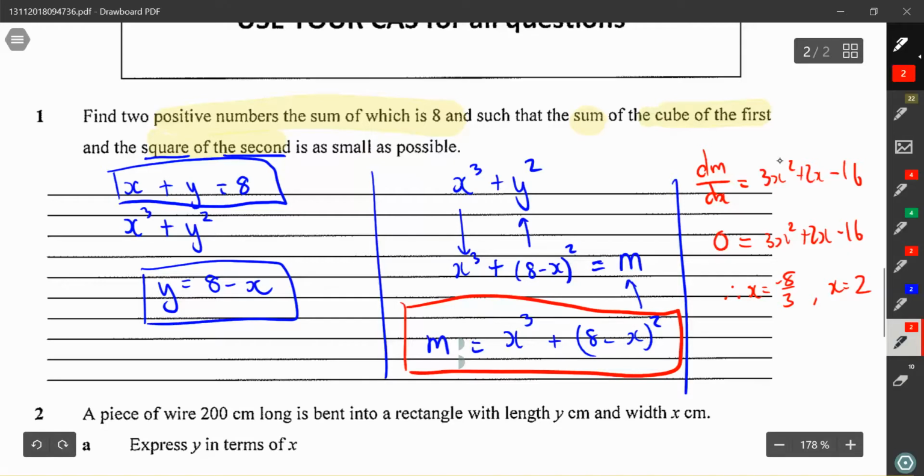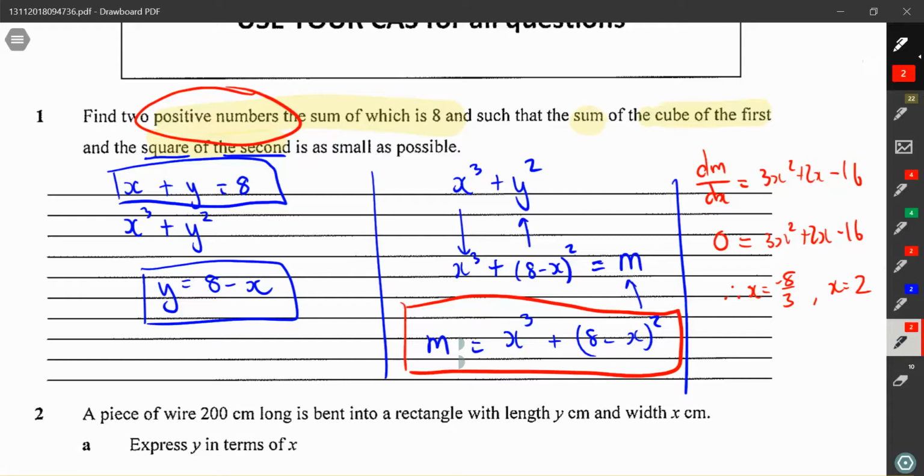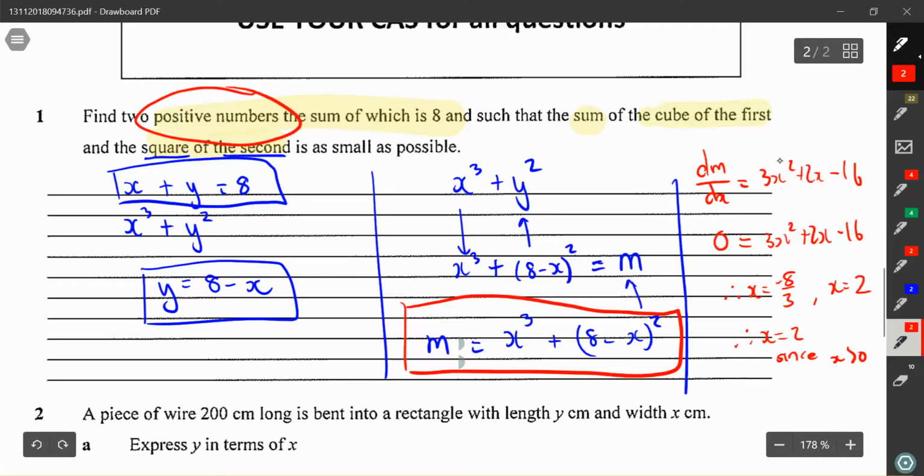But because they said two positive numbers, and x is one of the numbers, x has to be positive, so x has to be 2. Therefore, since x has to be greater than 0, y has to equal what? Let's think about it. If this is 2, 2 plus what will have to give you 8?